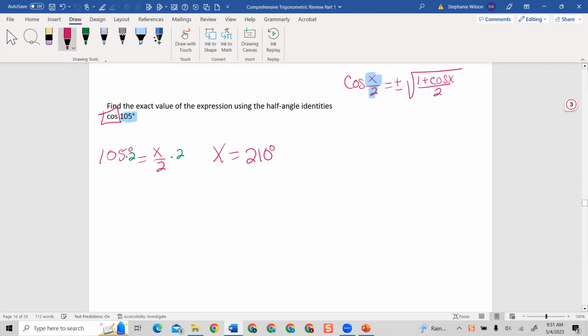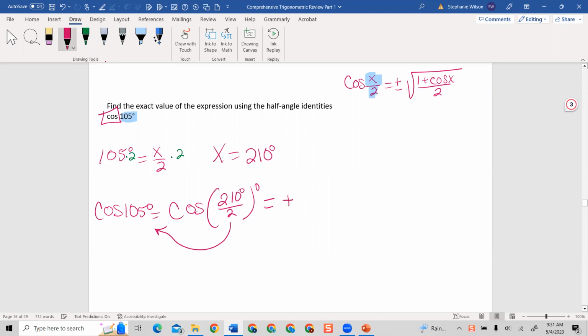We're good. So I'm gonna take this cosine of 105 degrees. We know that's gonna give me back cosine of 210 degrees divided by 2. That makes sense, right? Because 210 divided by 2 gives me back what we started with. So we didn't change the actual value or expression that was given to us. We just made it more workable.